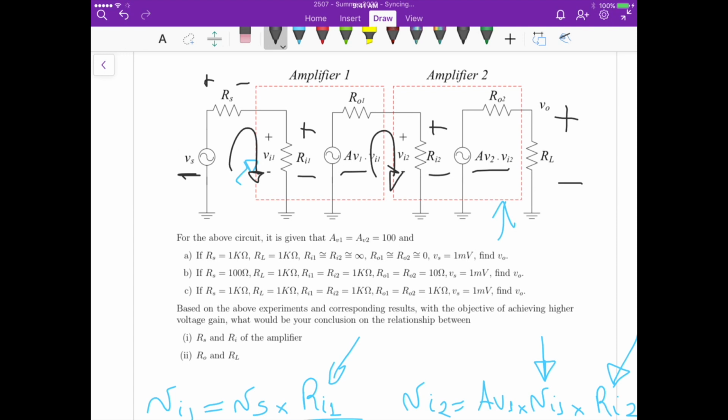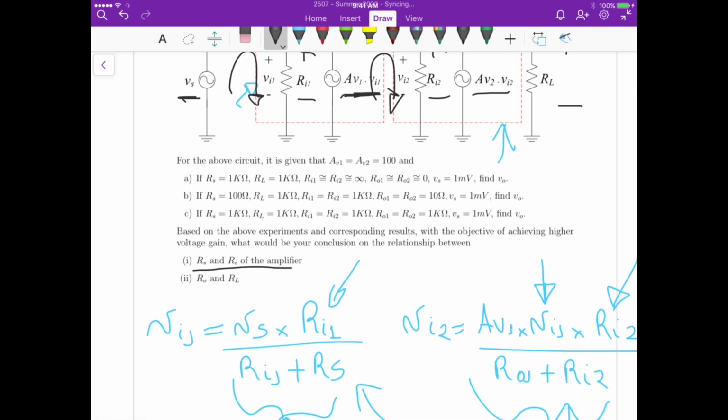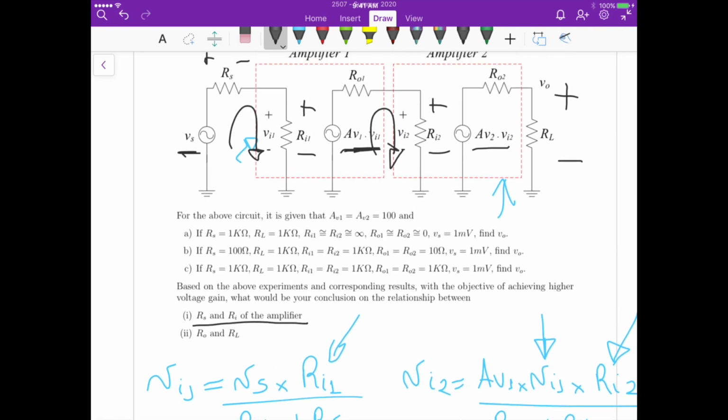If this source resistance becomes large and Ri1 becomes smaller or of the same order as Rs, we reduce the voltage being dropped across Ri1, and then when we use that voltage to calculate the voltage on the second stage, we reduce that too. So for the first question, we must have an Ri that's very high and an Rs that's as small as possible, almost zero.